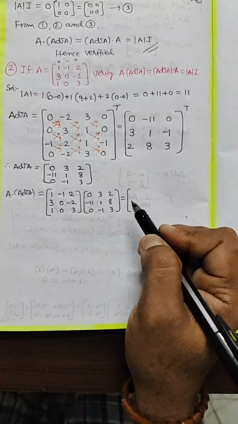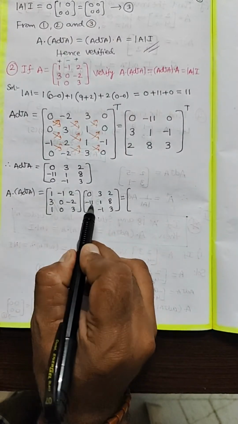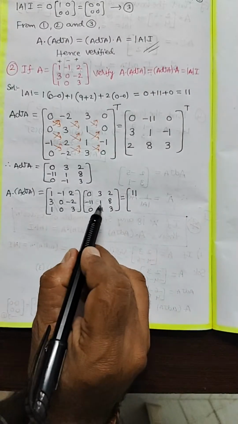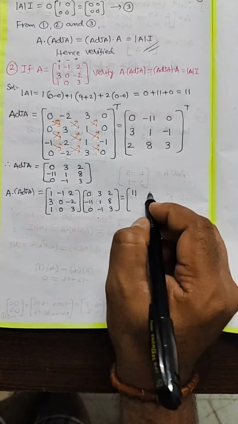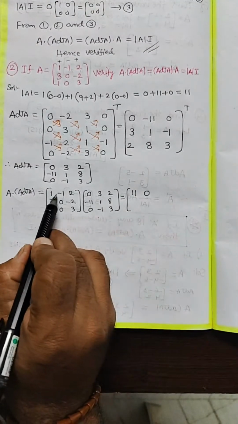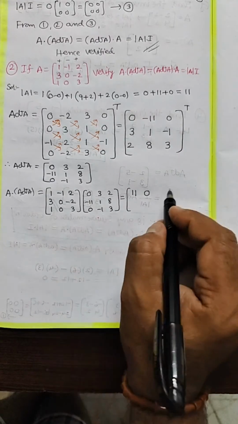So multiply, dear students. 0, 11, 0. Directly I am writing. 3 minus 1 minus 3. 0. 2 minus 8 plus 6. 8 plus 6, 8 minus 8, 0.